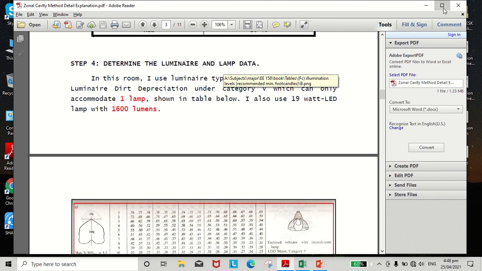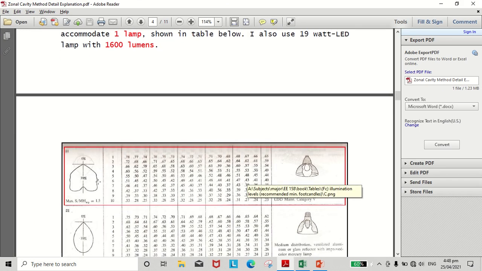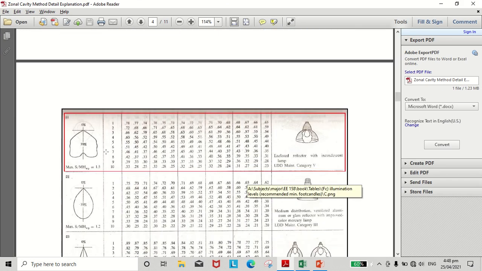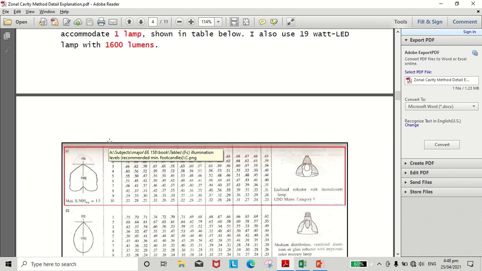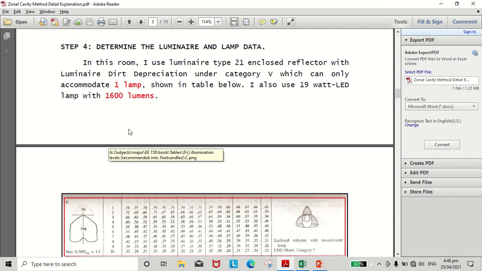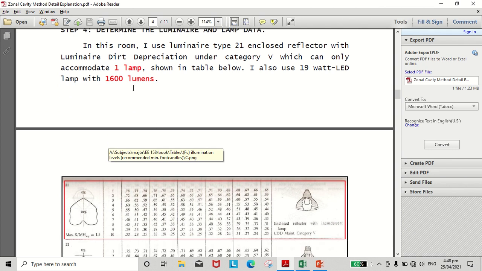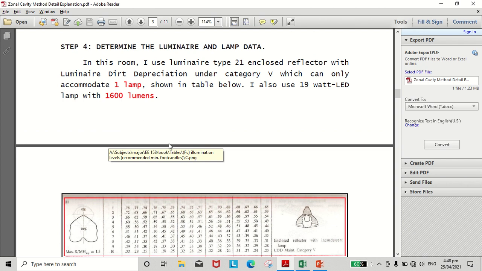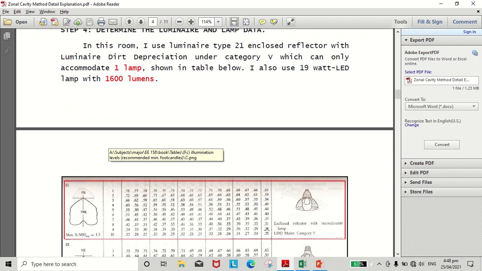For example, the luminaire we use is this one. The category of your luminaires is spread throughout the surface area of the room. So you are required to have one lamp of 1600 lumens, which is identified here.